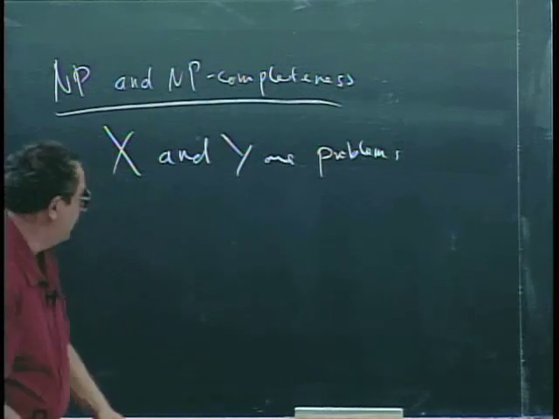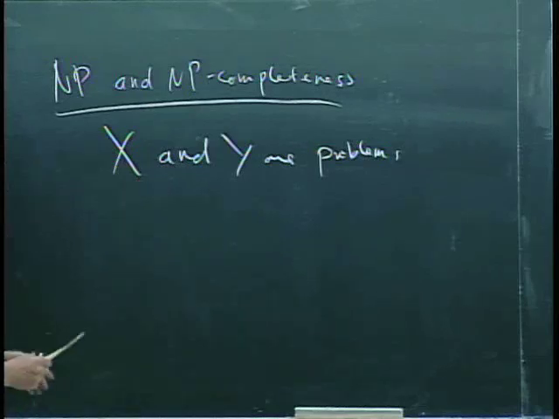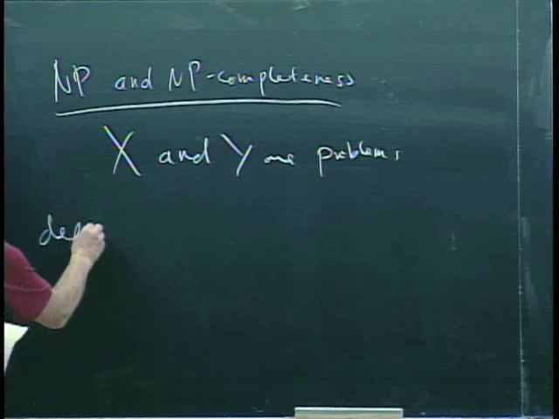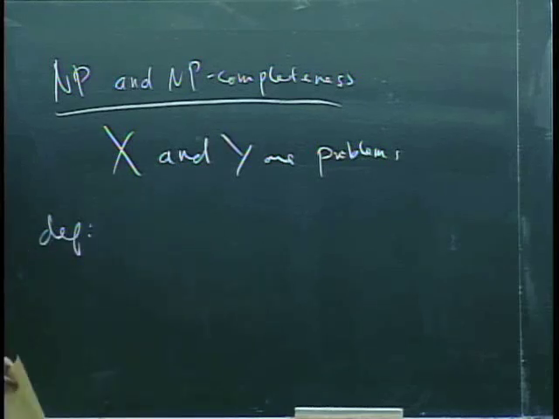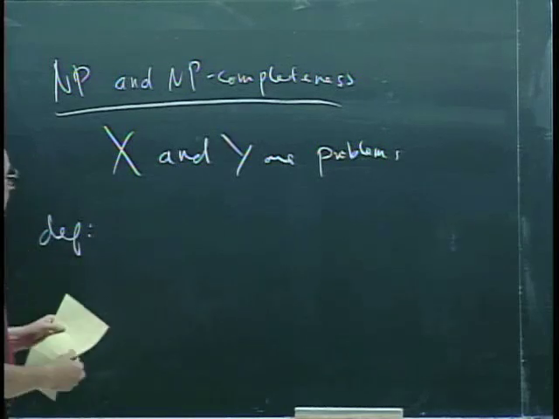Or you want to talk about X, any particular problem you like, but those two we'll get back to in particular. So we have these two arbitrary problems, and I don't mean instances of problems.